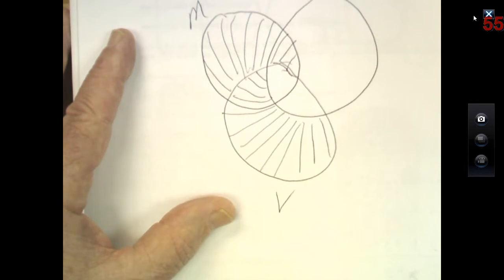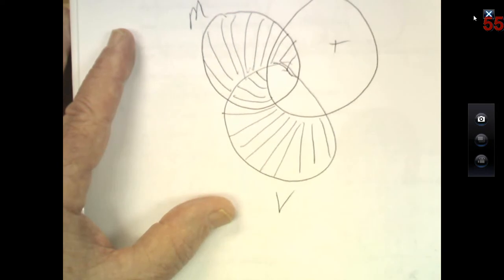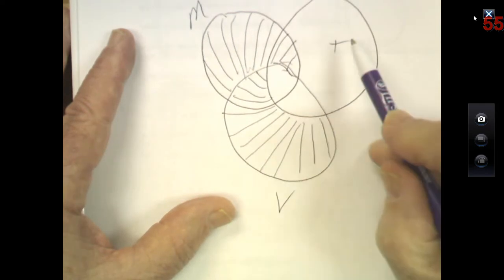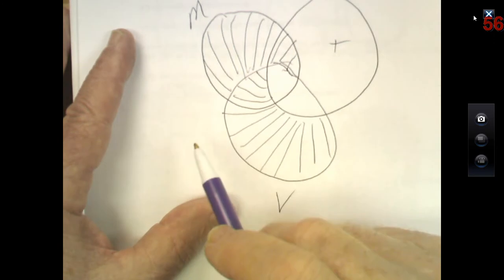The conclusion says that some hungry people are not Muslims. What it's saying is that there's at least one X over here, at least one hungry person that's not a Muslim. So there shouldn't be an X in here, right?